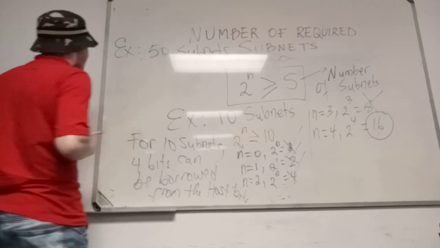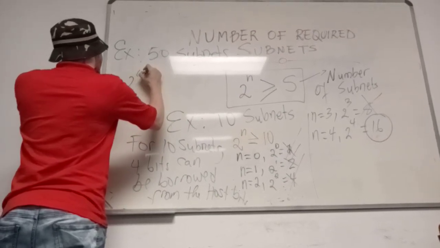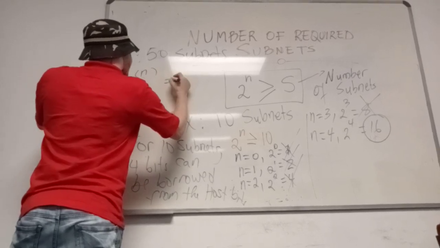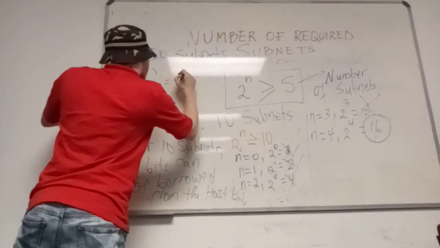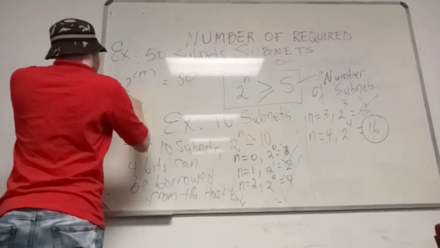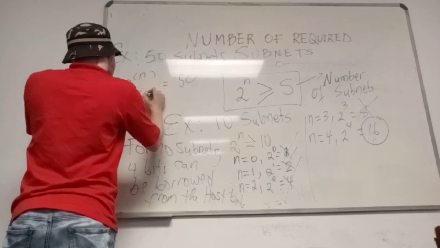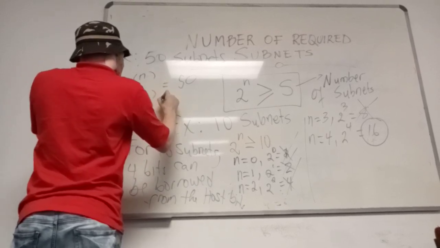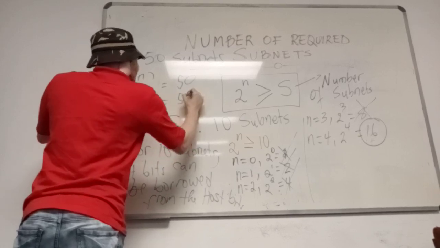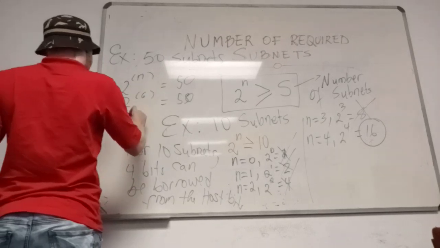Okay, for 50, 2 to the power of n must be greater than or equal to 50, right? So we're going to borrow 6 bits. 2 to the power of 6 is going to be 64.